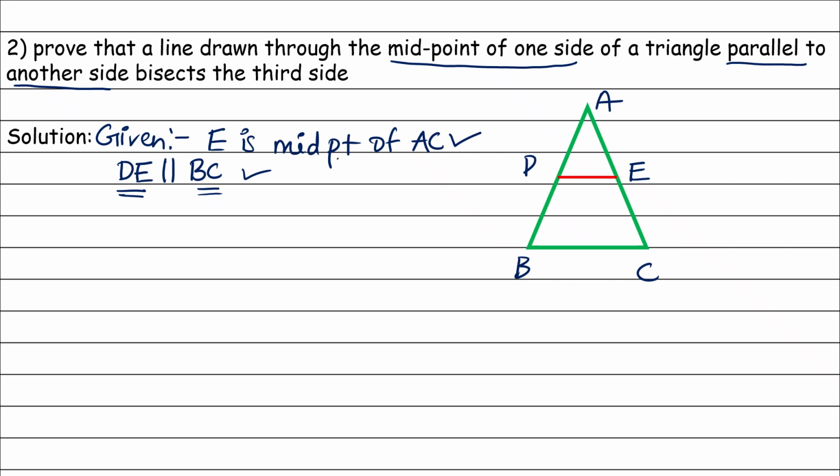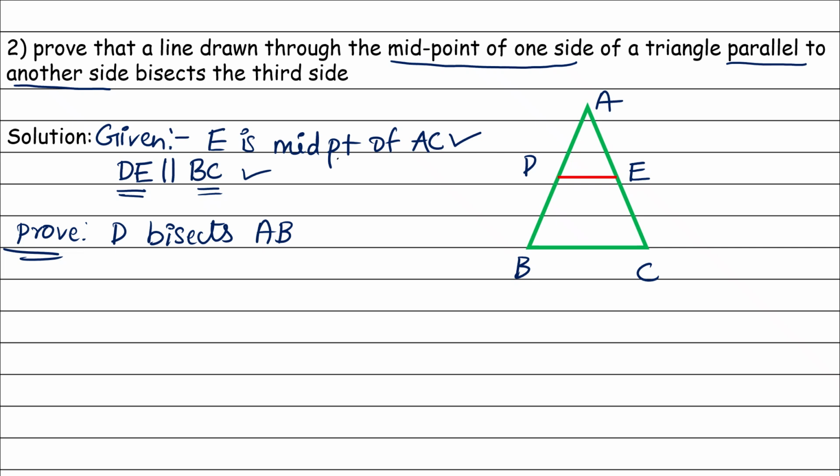So we need to prove D bisects AB. Here again we are going to use the basic proportionality theorem only.